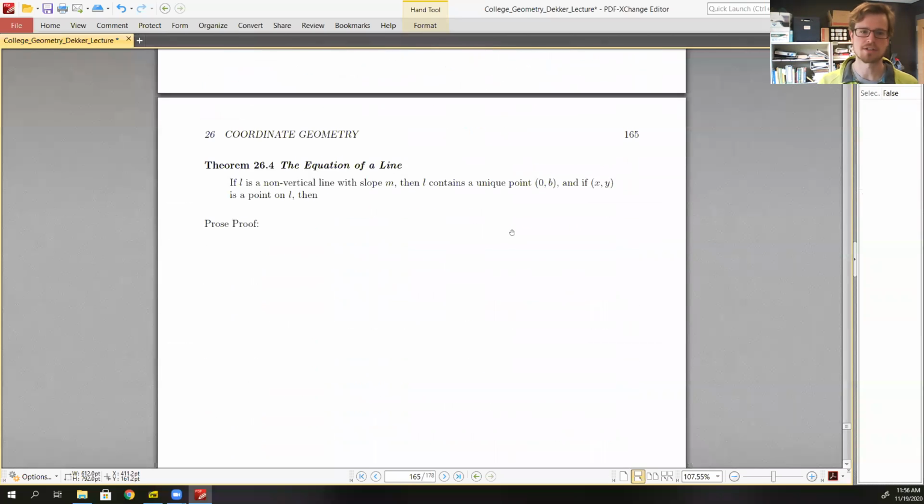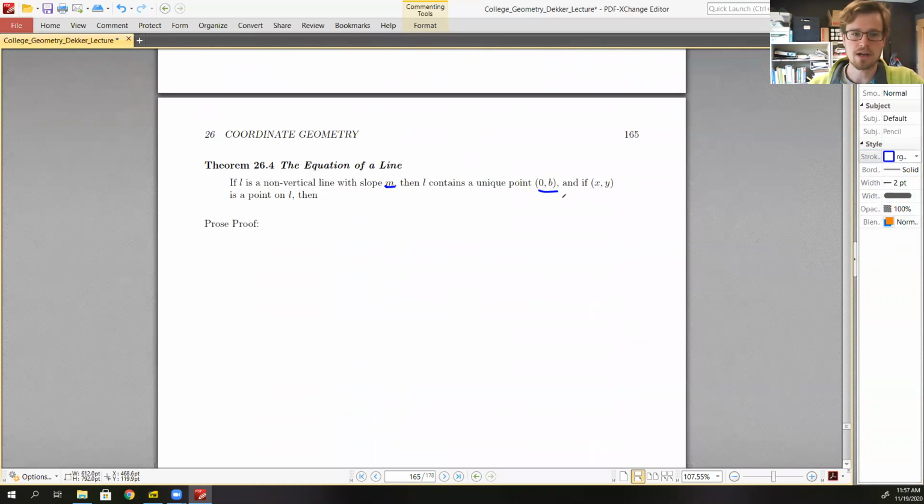So then if we wanted to talk about the equation of a line where that line is not a vertical line, we can do that. And it has a form that looks different than the one we just gave for a vertical line. So if L is non-vertical with slope m, it contains a unique intersection point with the y-axis, which can be written as (0, b).